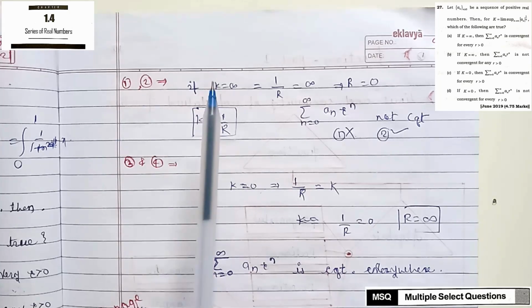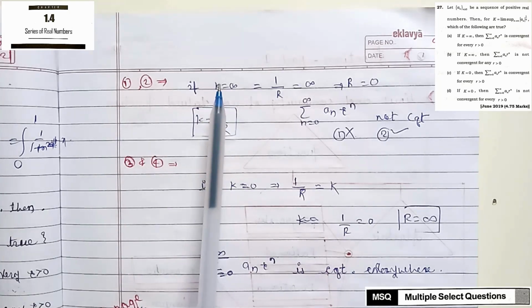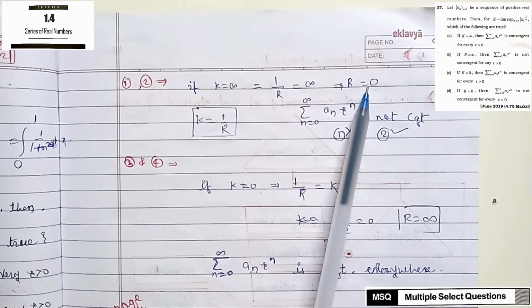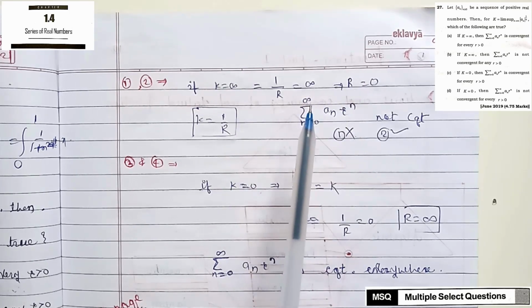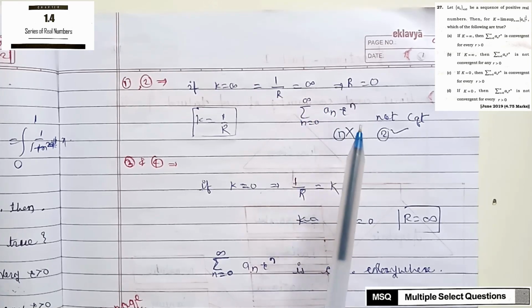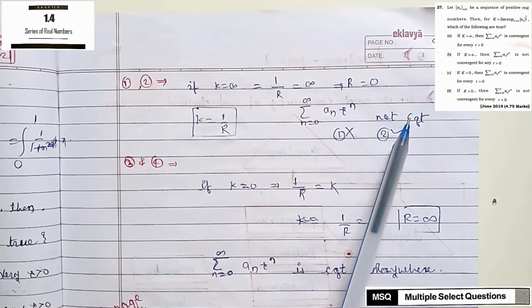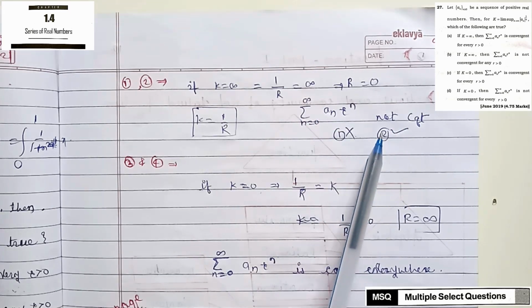If k is infinity, then 1 upon r goes to infinity, so r goes to 0. Then by the Cauchy-Hadamard formula, r equal to 0 is the point where the series is divergent. That means the series a_n r^n is not convergent, it is divergent. So surely the second option is true, it says the series is not convergent.